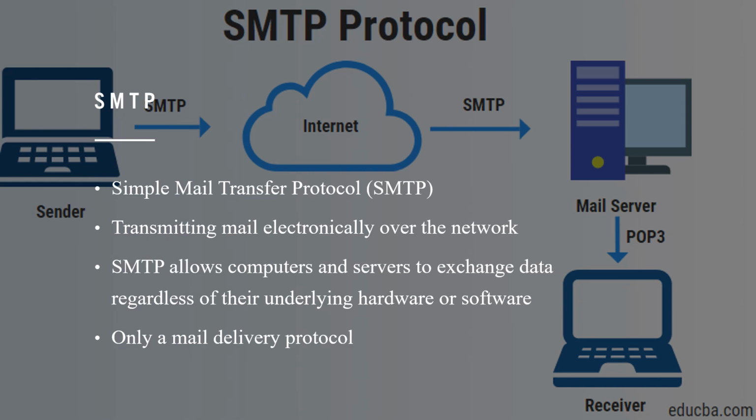Simple Mail Transfer Protocol, also known as SMTP for short, is for transmitting mail electronically over the network. SMTP allows computers and servers to exchange data regardless of their underlying hardware or software. It is only a mail delivery protocol.